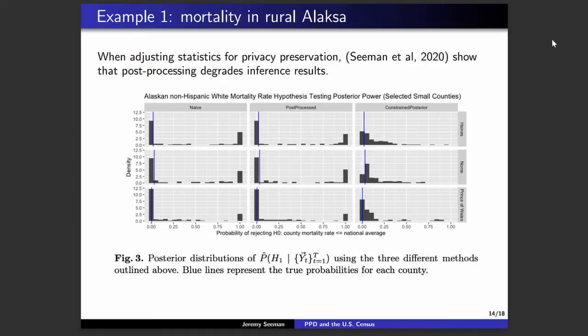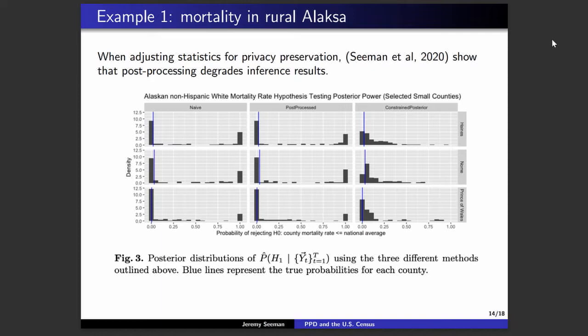So as an example of why this adjustment for uncertainty is particularly important, in this first case study we're looking at mortality rates in rural Alaska. What we did was we looked at public data from 2010, where we synthesized private data two different ways, one based on post-processing and one based on this approximate Bayesian computation procedure.